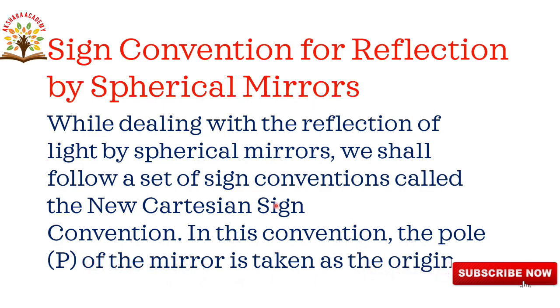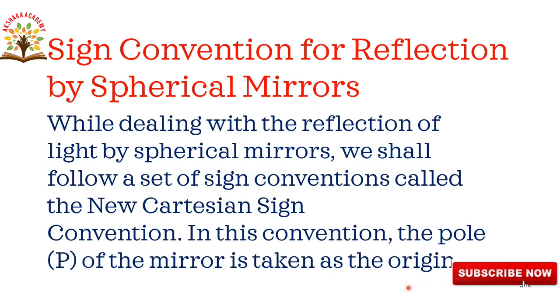The pole P is nothing but the geometric center of the spherical mirror. So the pole P of the mirror is taken as the origin.